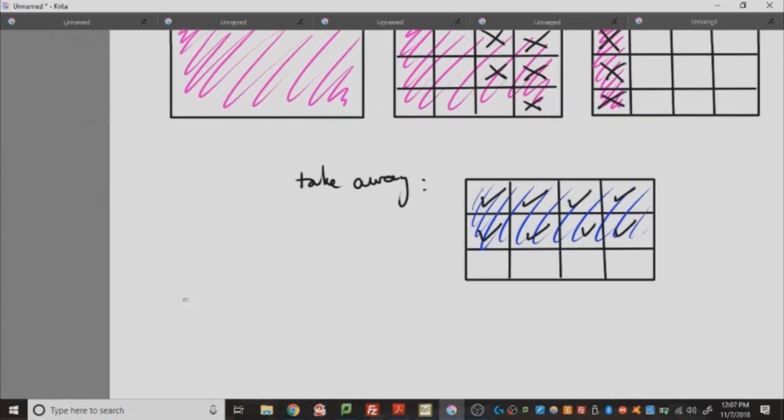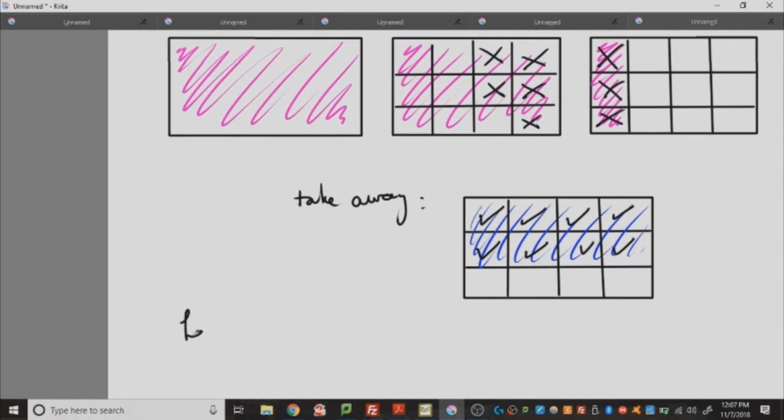Clearly, I have left 1 whole loaf of bread as well as another 1, 2, 3, 4, 5, 6, 7 pink pieces.